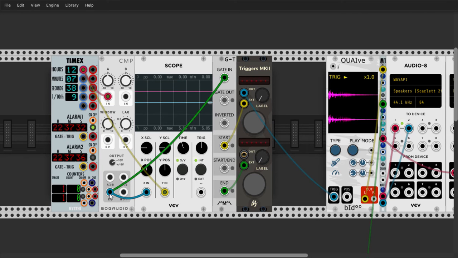And when the incoming voltage is equal to what I set, it'll send out a little gate. And the length of that gate is determined by the window size. In this case, 1/100th of a volt.